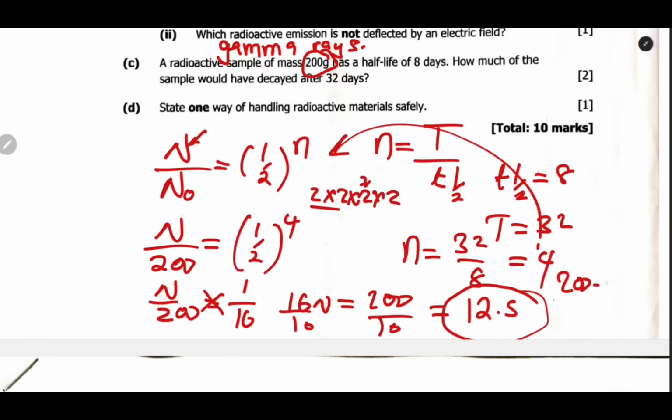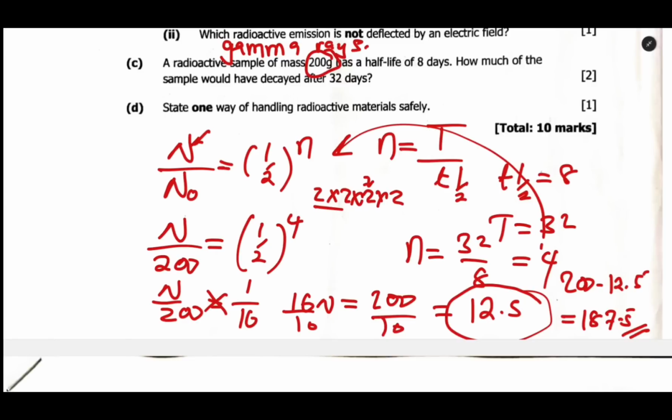So 200 minus 12.5. I guess this one should give us 187.5 as the amount that decayed. Okay? Do we have an easy way of doing this? If you have another way that you can answer this question easily, please make sure that you help out.